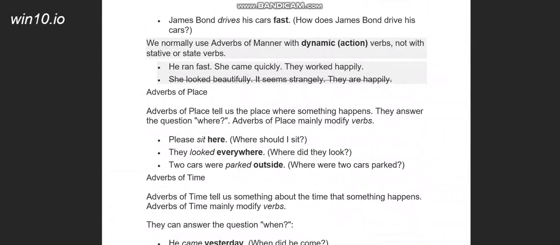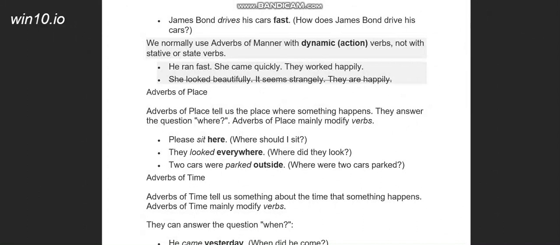We normally use adverbs of manner with dynamic action verbs. What do you mean by dynamic? Dynamic means something which is changeable. So we use adverbs of manner with dynamic verbs, not with stative or state verbs. Like, he ran fast, she came quickly, they worked happily. We don't use it like this: she looked beautifully, it seemed strangely, they are happily.